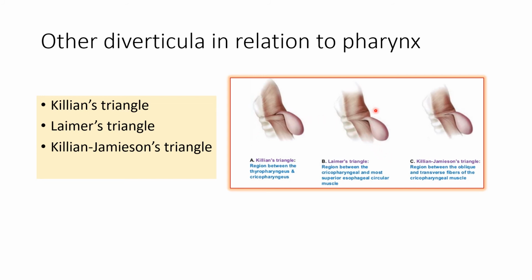And the Lamier's triangle is the region between the cricopharyngeus muscle and the most superior part of the circular muscle of the esophagus. Then the Killian-Jamieson's triangle: the diverticulum is in the region within the cricopharyngeus muscle, between its oblique and transverse fibers.